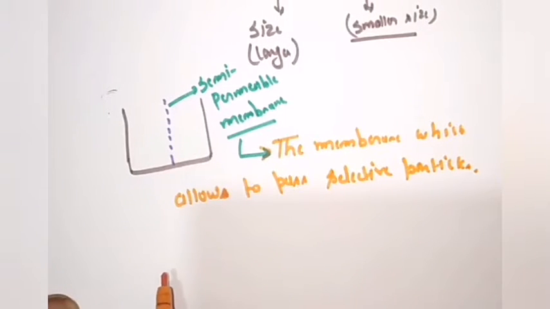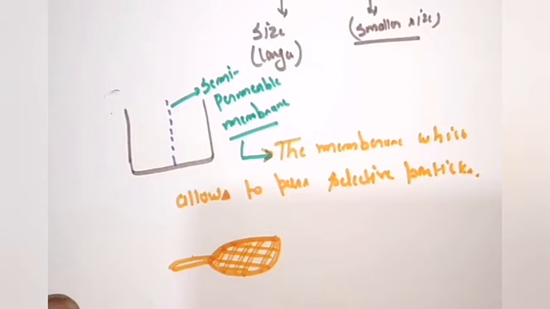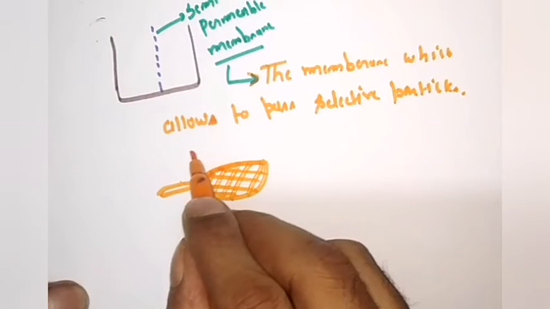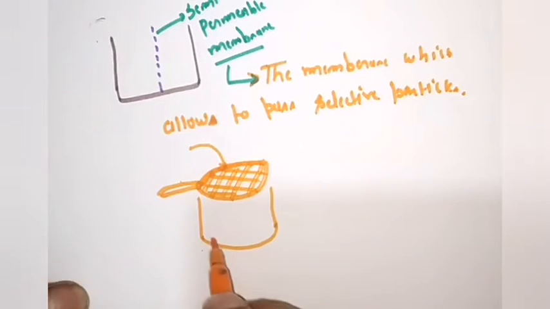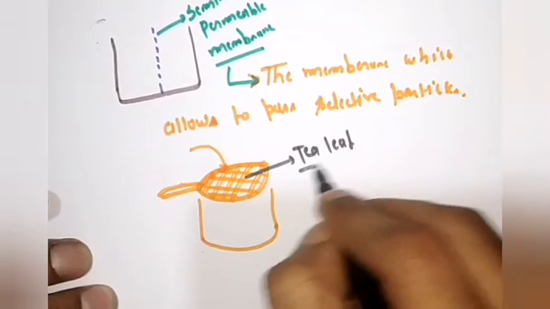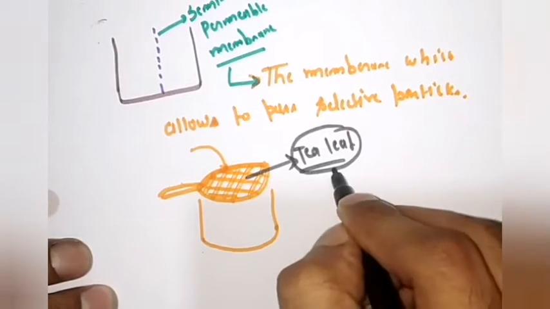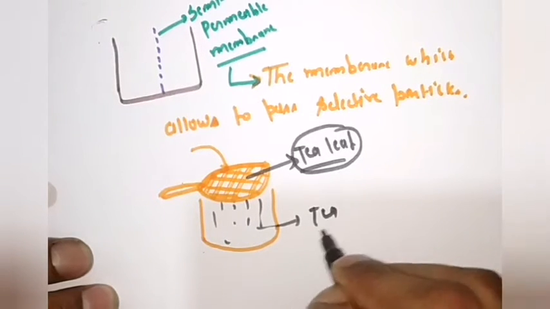If in the household you prepare tea, you take a permeable membrane like that, a strainer, and after preparation of tea you keep it above the glass. You will see that the tea leaves are there, but this membrane does not allow the tea leaves to pass, it only allows the tea that you have to drink.